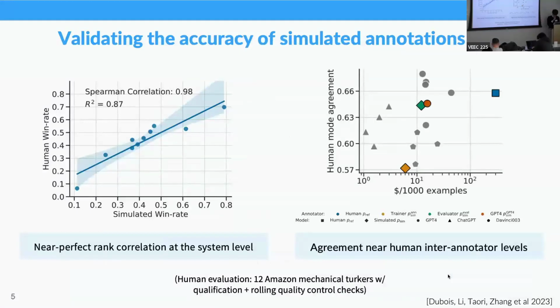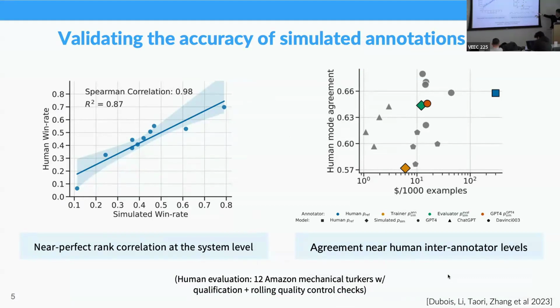I'll just flash up two main findings. This is not at all surprising now, but one thing that was surprising is that you can get a lot of this synthetic or API-based feedback from GPT-4 or Text Da Vinci 3 or what have you, and it actually correlates pretty well to what we can get out of a carefully filtered set of Amazon Mechanical Turkers.